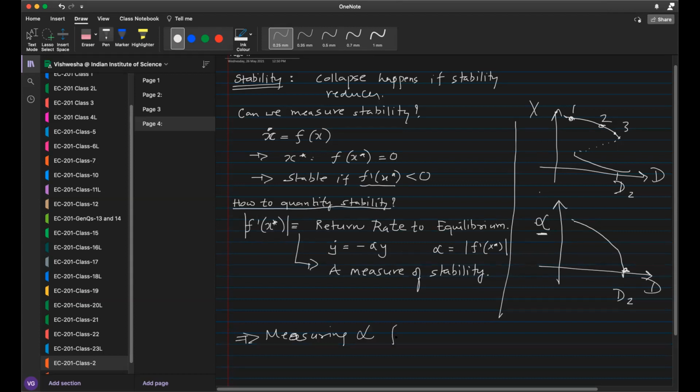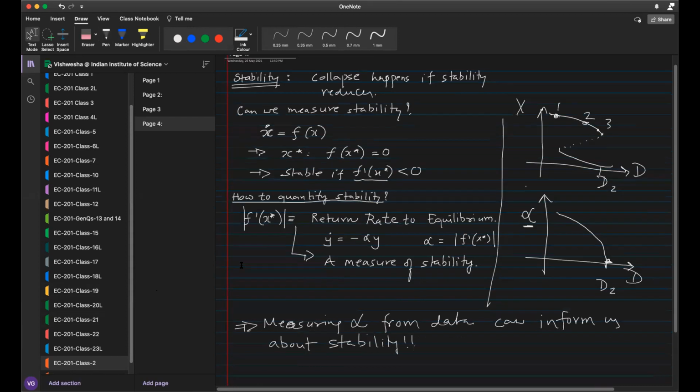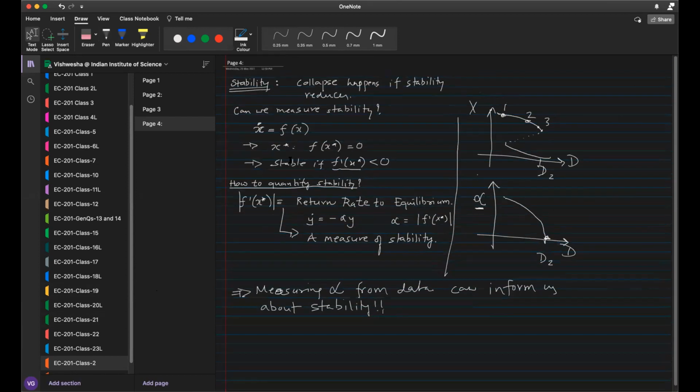Measuring alpha from data can inform us about stability. Sir, if the system is not in equilibrium and it's oscillating or is in a chaotic regime, then... So we are not doing any of this. We are assuming this model is true.